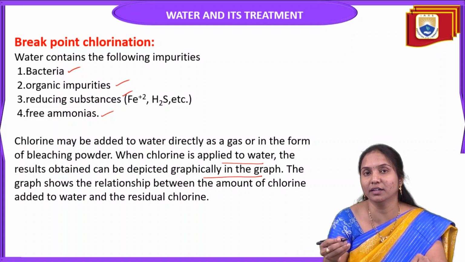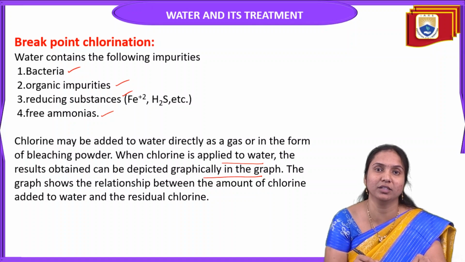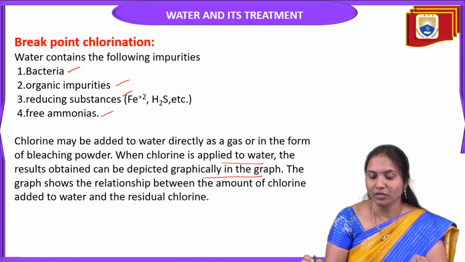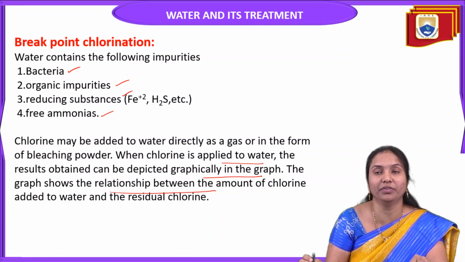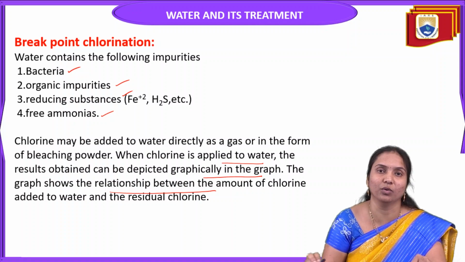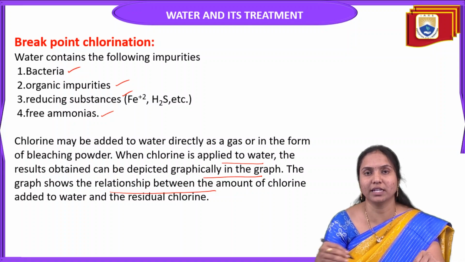When chlorine is added to the water, what are the results, and how can we remove all the impurities present in water? We can show this by a graph. The graph shows the relationship between the amount of chlorine added to water and residual chlorine present in the water. Applied chlorine is the chlorine externally added to the water.